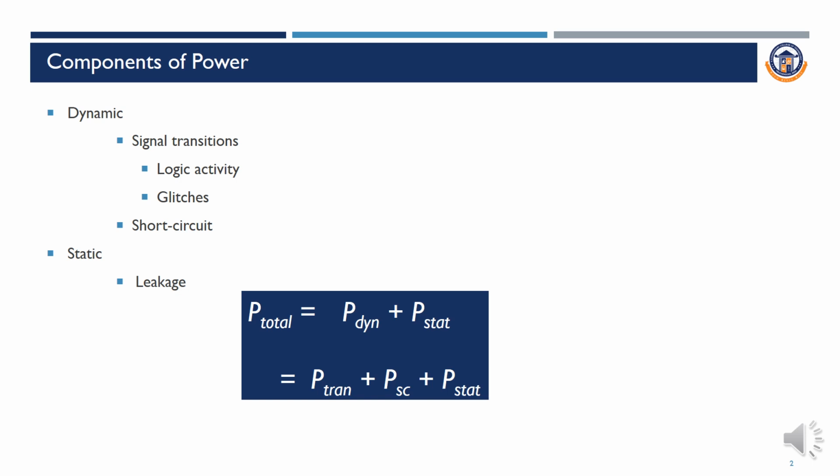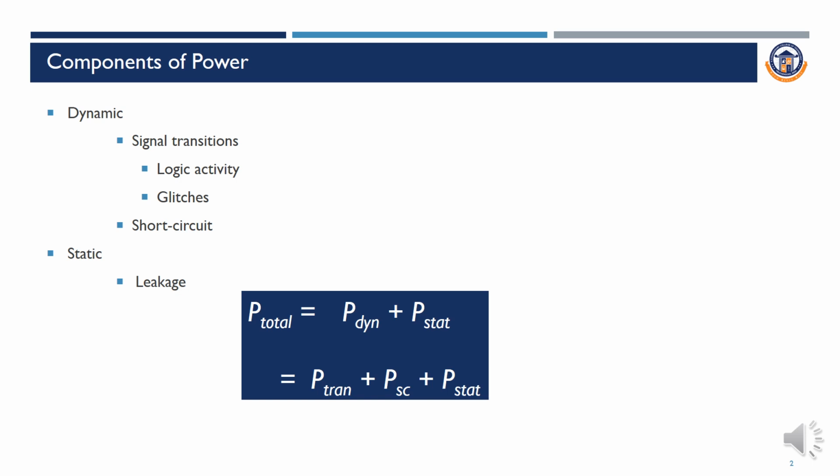In dynamic power dissipation, we categorize two things. One is the power dissipated during signal transitions. For example, in the inverter, if the input transition occurs from 0 to 1 or 1 to 0, or any signal transition occurs, it comes under the category of dynamic power dissipation.